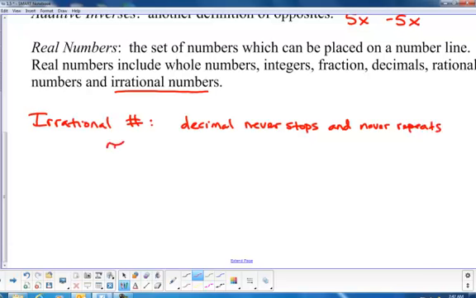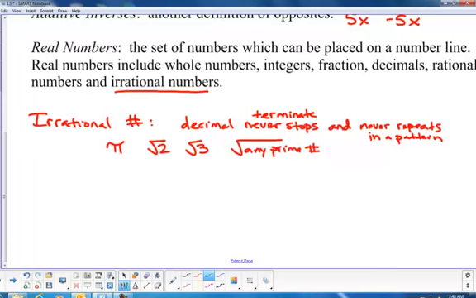Pi is an irrational number. Also, the square root of 2, the square root of 3, the square root of any prime number is an irrational number because it'll fill your calculator up. It'll never repeat in a pattern. And it will never stop, also called terminate.